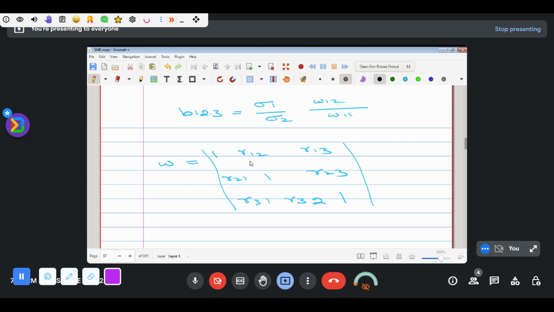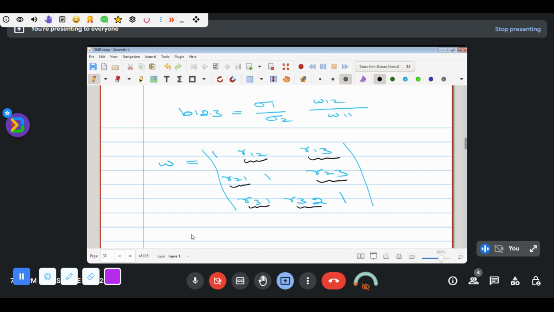Already you know the combination of 1 2 variables and 2 1 variables are the same. Similarly 1 3 and 3 1 are the same, and 2 3 and 3 2 are the same. Therefore this matrix is called a symmetric matrix.